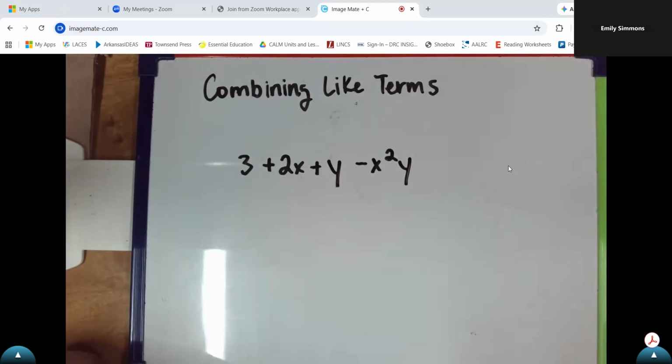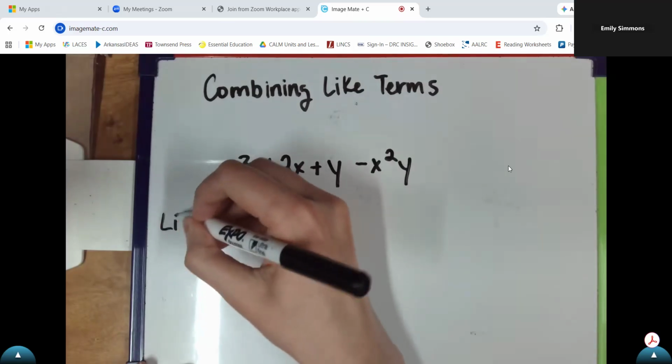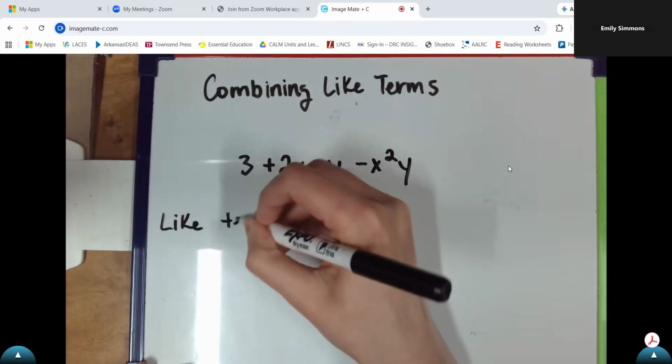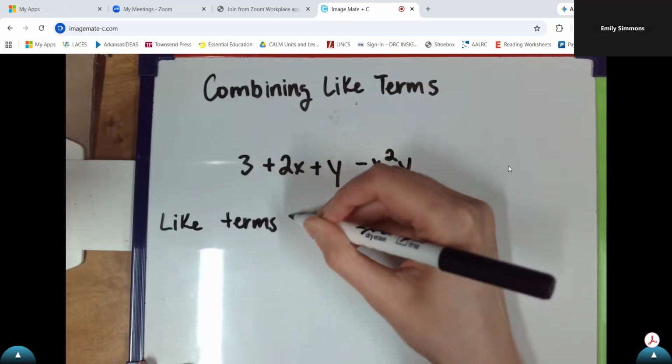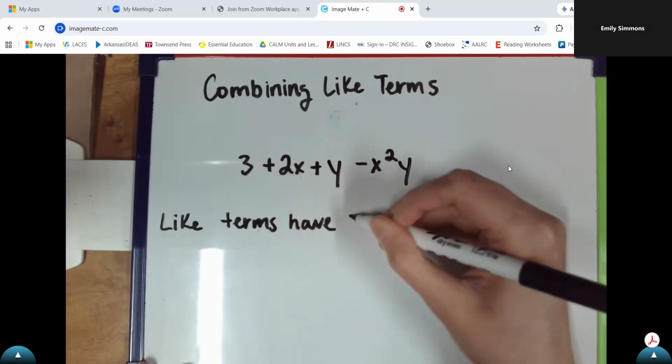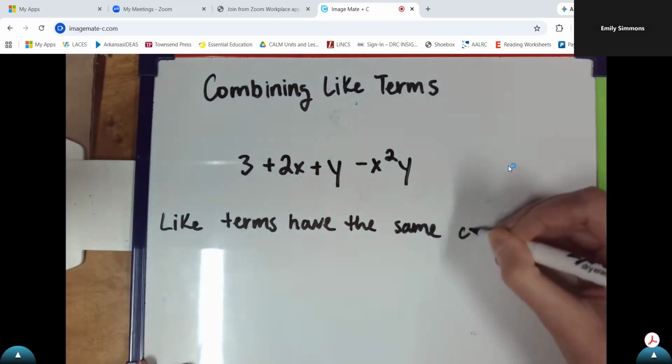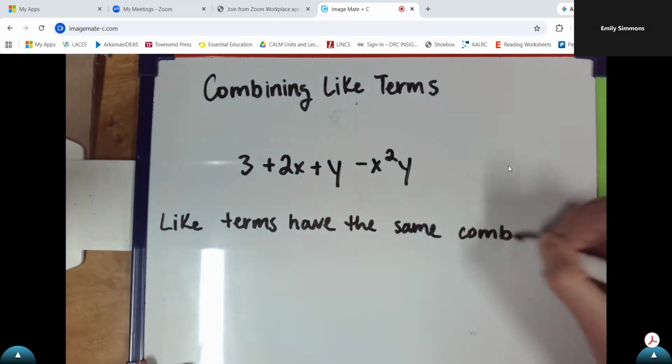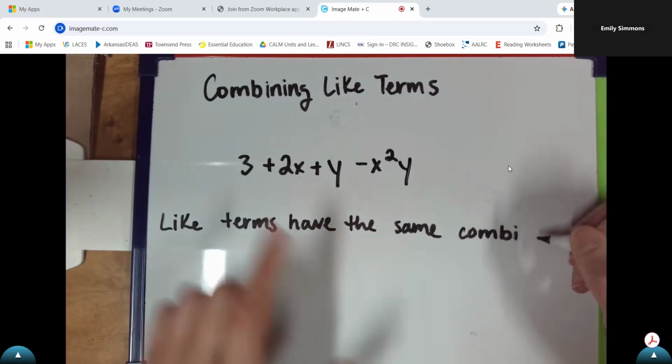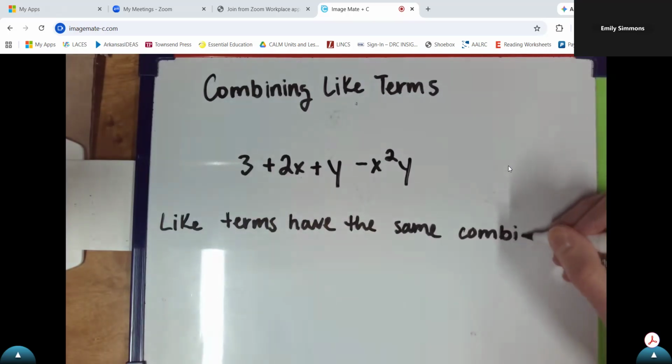Like terms are terms with the same combination of variables and exponents. So in our first group here, we do not have any like terms.